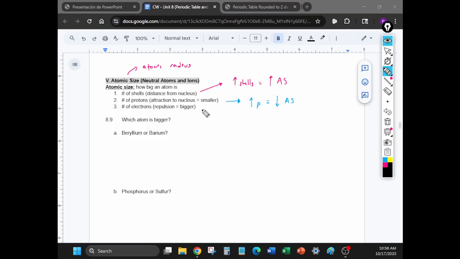And then the last thing, electrons. This is the least important thing. And for this one, electrons push each other away, which makes the atom bigger. And so if you increase the amount of electrons, it will increase the atomic size.